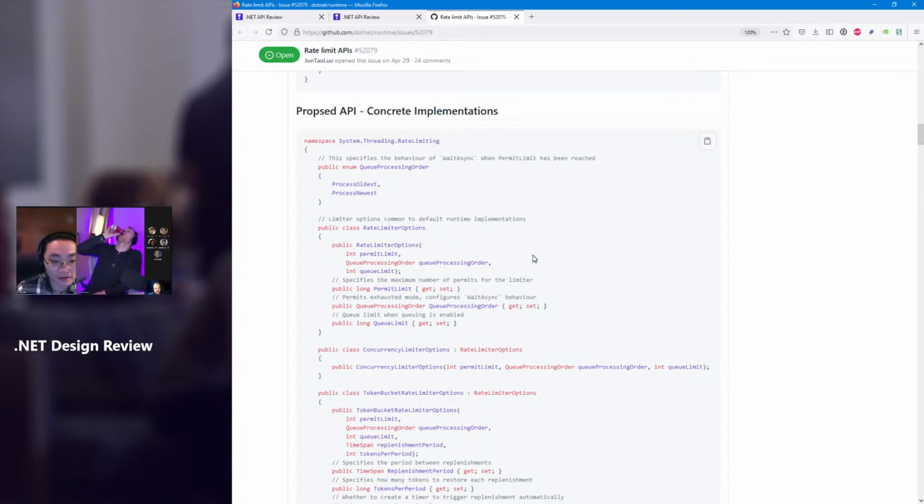So that is why LIFO order is in some scenarios better, and it's better to process requests that you think have a likelihood of actually still wanting those results, rather than being very fair. But in other scenarios, fairness makes a lot more sense.